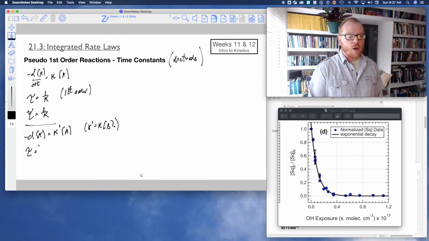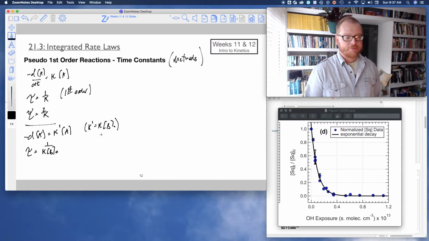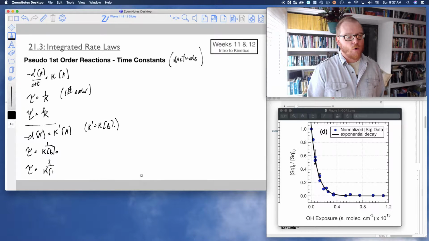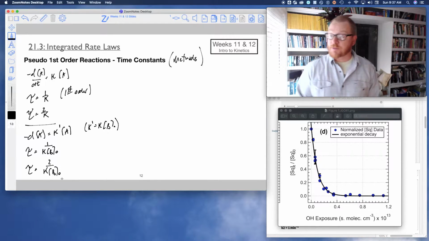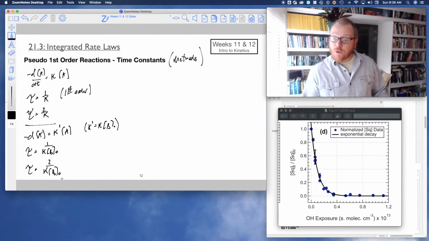But now instead of it being just 1 over K, it's going to be 1 over the second order K times the initial B concentration for the lifetime. And so we know that 2 lifetimes will just be 2 over K times B initial, and so forth.